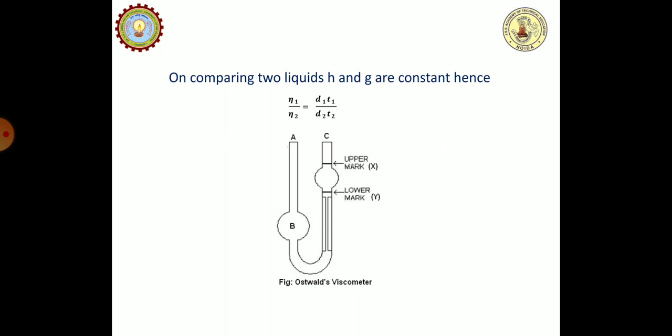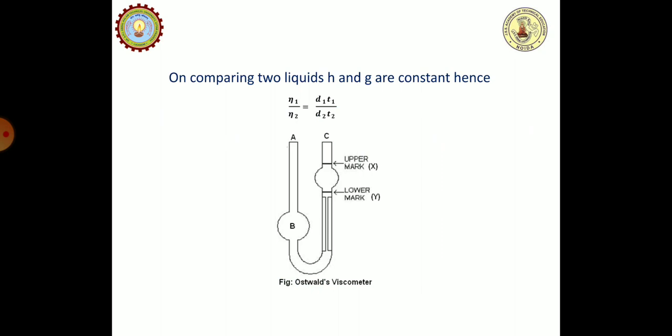Now, what is the diagram of the Ostwald viscometer? You can see on the screen the figure representing the Ostwald viscometer. It has a U-shaped tube.